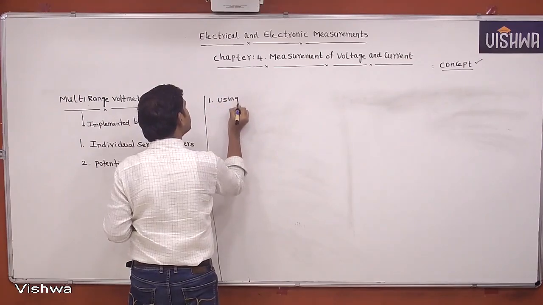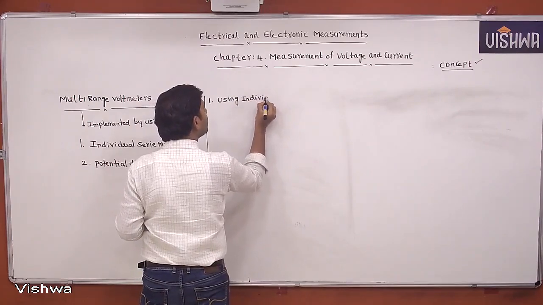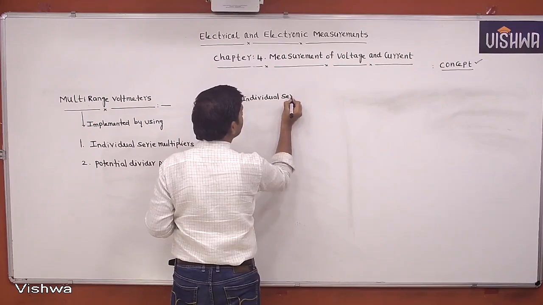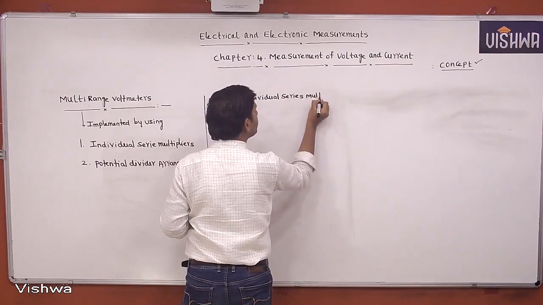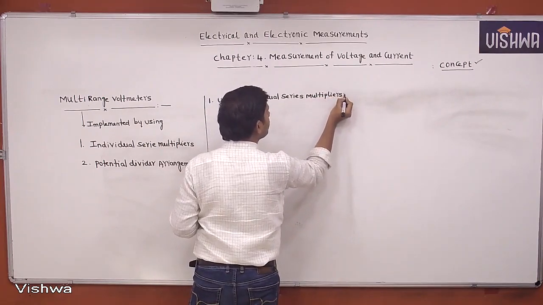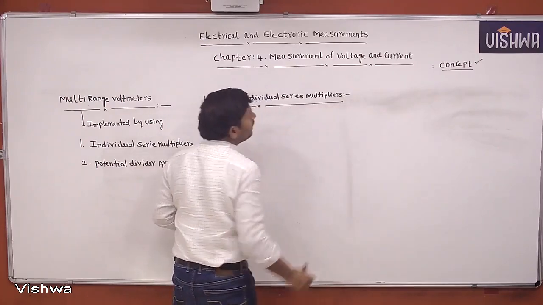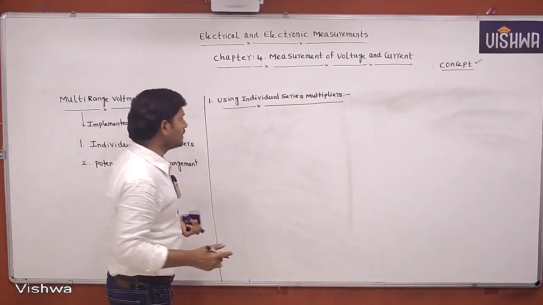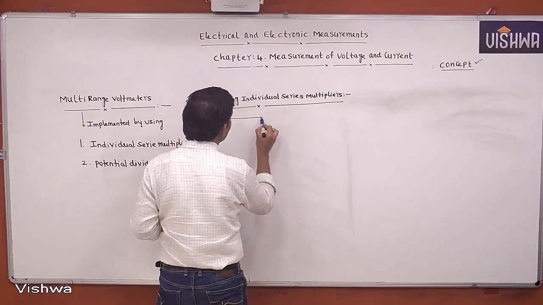Using the individual series multipliers method, instead of using one series resistance, we can use different values of series resistance. Let the series resistances be connected like this.